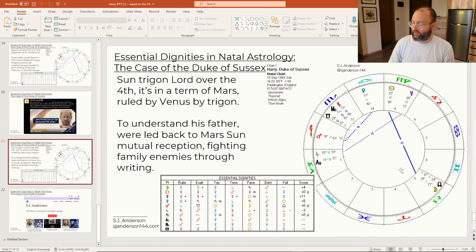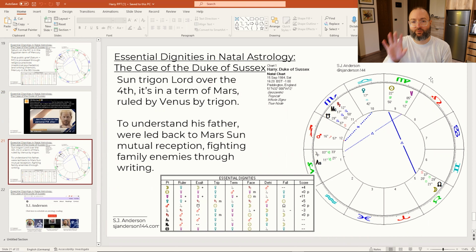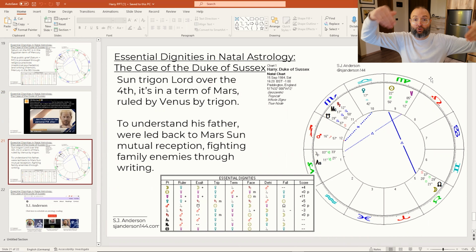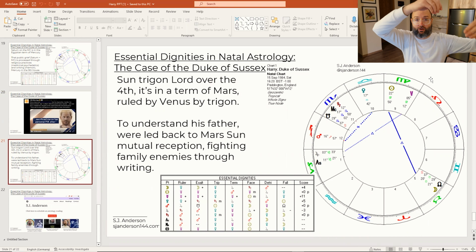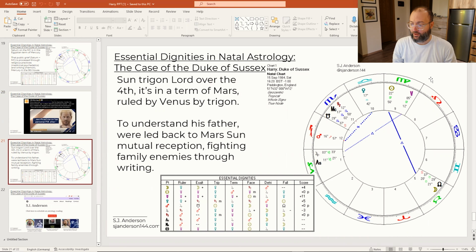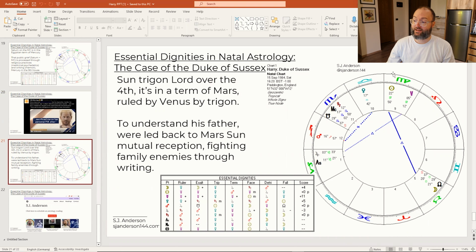Let's go back to his fourth house of parents, the fourth whole sign house of parents, okay? The sun, in this case, is the trigon lord of all fire signs. Anytime you're born during the day, look to the sun, where it is in the chart. It has implications for all of those fire signs, all right? And the sun is in the Egyptian term of Mars, and it's ruled by Venus by trigon.